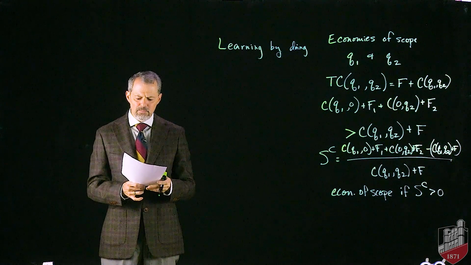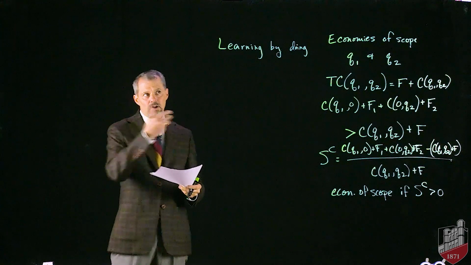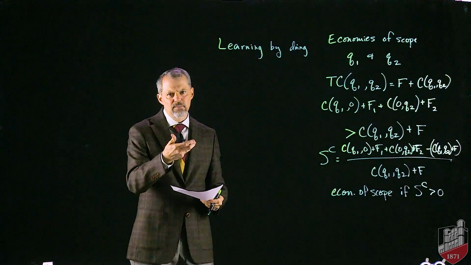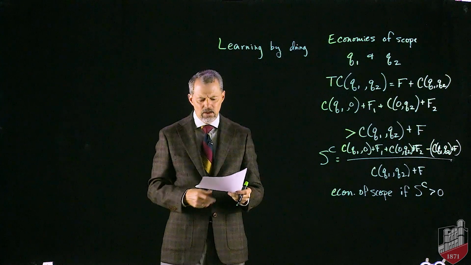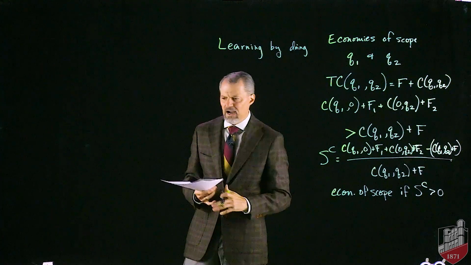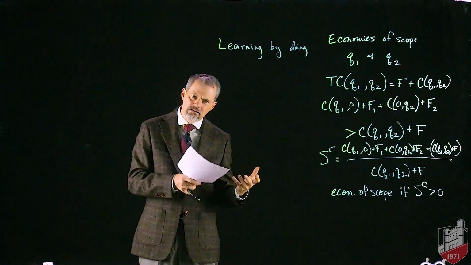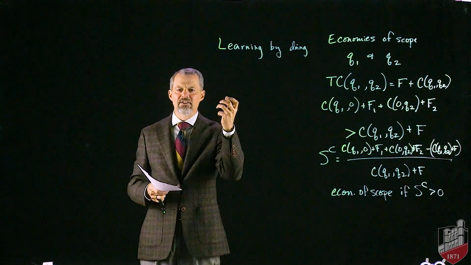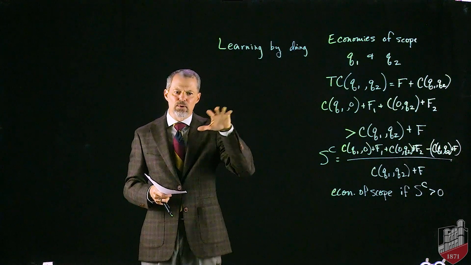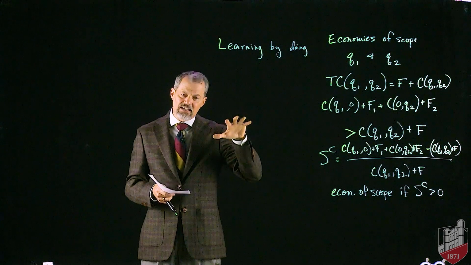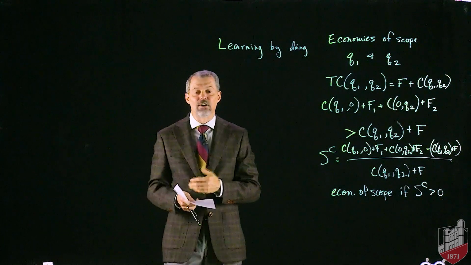So firms can learn by producing more, but firms can also forget. Let's say there is some forgetting. You might have a firm that prices artificially low so that they can produce more and learn more to offset some of the forgetting that's happening.